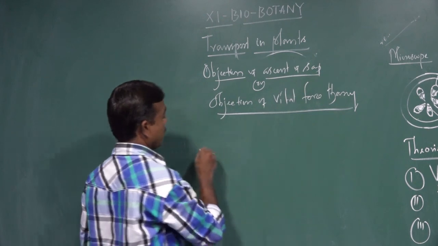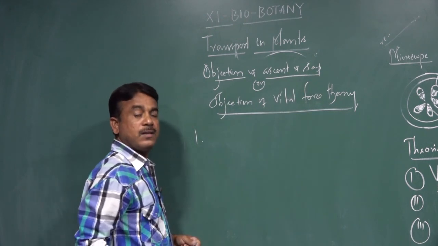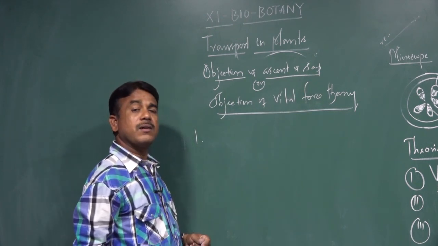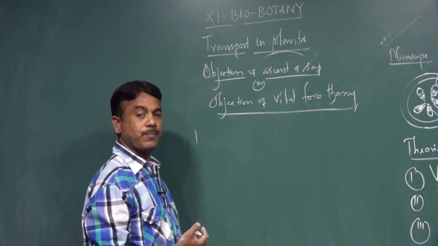What is the first objection? In general, living cells carry out the ascent of sap.